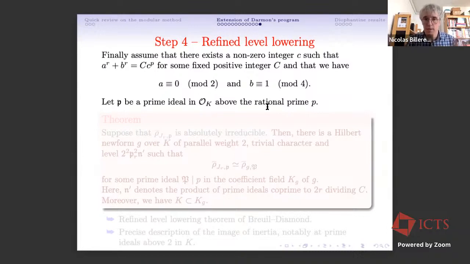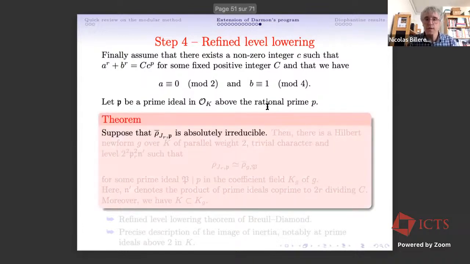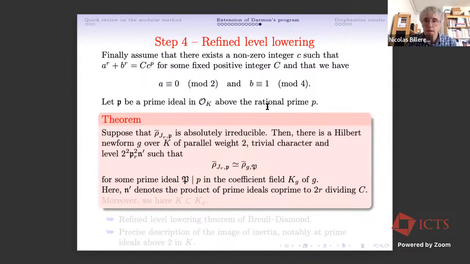Okay, but still, assuming this, if frak P is a prime ideal above a rational prime P in O_K, the rational prime P being the exponent, if we assume that we have shown that the mod P representation attached to JR is absolutely irreducible, which we can show in many cases, like in the case where R equals 7, for instance, or R equals 11, then it turns out that there exists a Hilbert newform G over K of parallel weight 2.